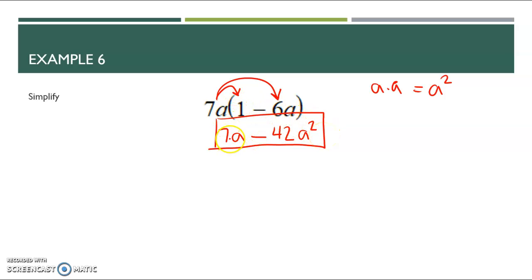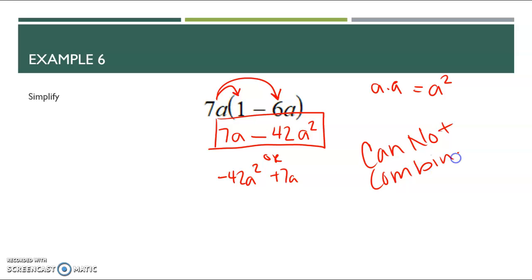And so our final answer is 7a minus 42a squared, or you could write it as negative 42a squared plus 7a. Either one of those, they're the same thing. But again, you cannot combine, different exponents.